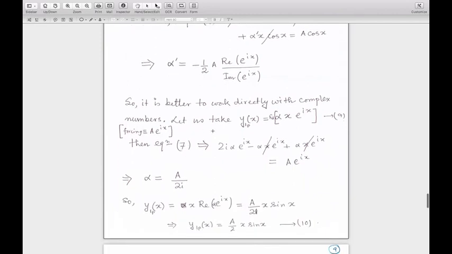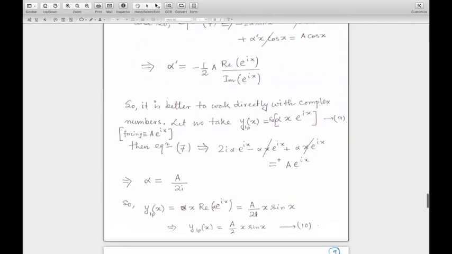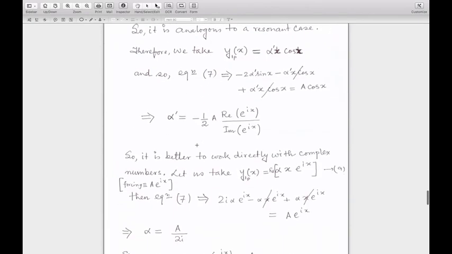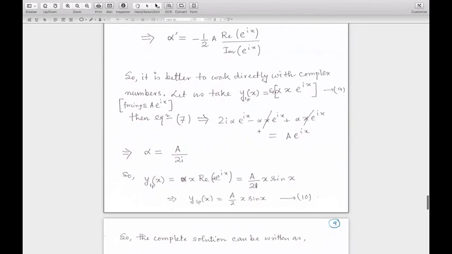So let us take now y1 p(x) as the real part of alpha x e to the power ix. If you now substitute this in the main equation, the perturbed equation for the first order, you will see that alpha will just come out to be a by 2i.